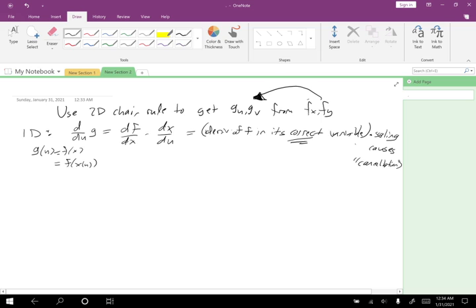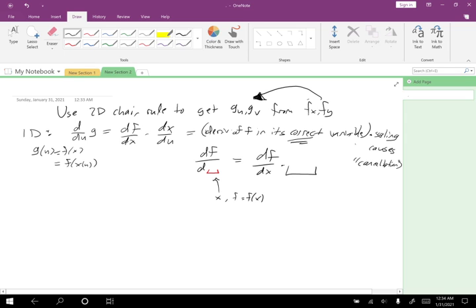Okay? So let me just unpack what I mean here. If I take df, what do I put here? The only thing I can put here is x, because f is a function of x. So I put df dx here. And now what do I put here?